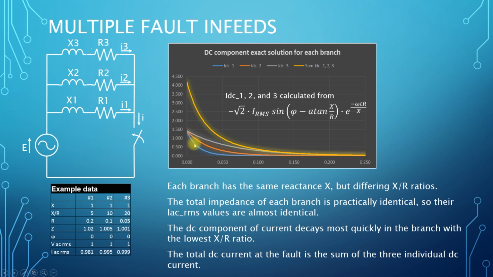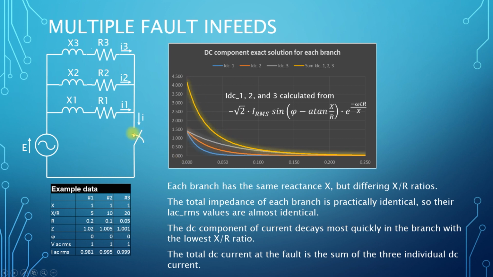And here we see the DC component of current in branch 1, in branch 2 and in branch 3. And it's obvious that branch 1, which has the lowest X upon R ratio, the DC component of current decays faster than the other two branches. We can add these three currents together to give us the total DC current which is flowing into the fault.